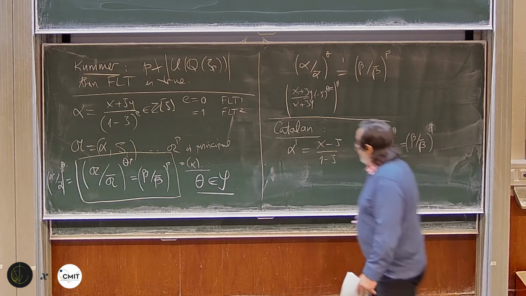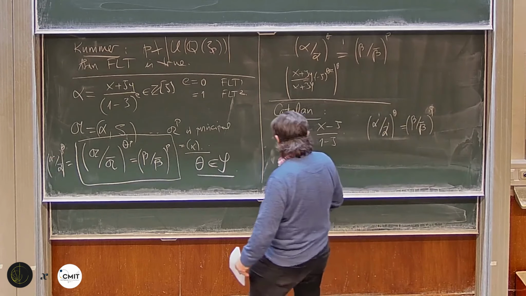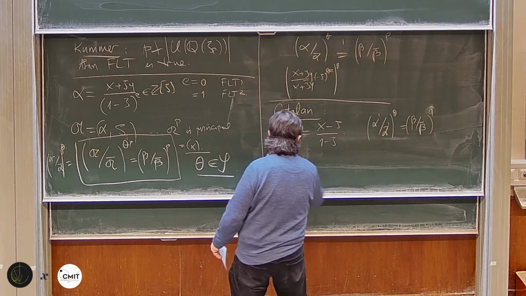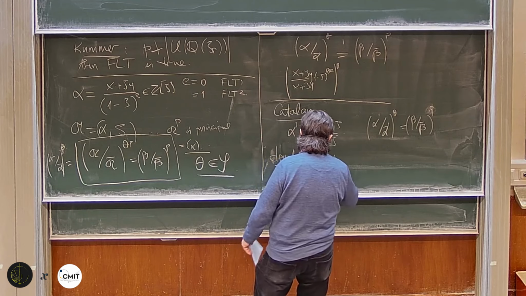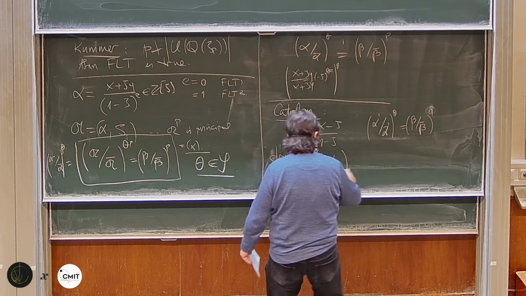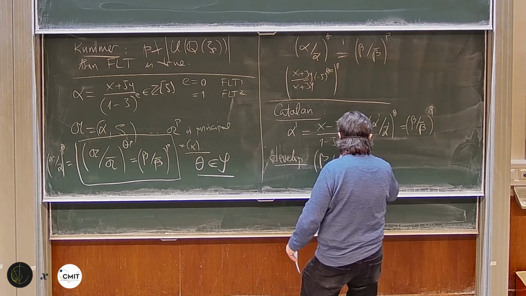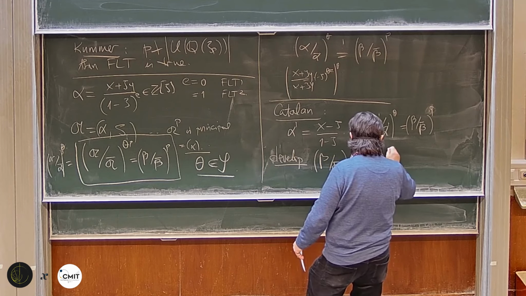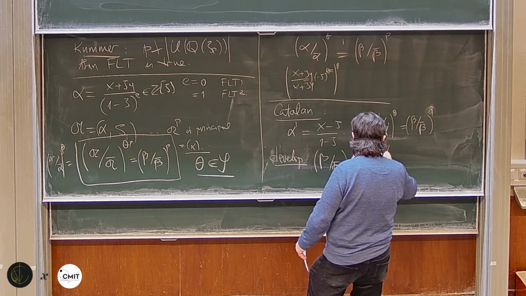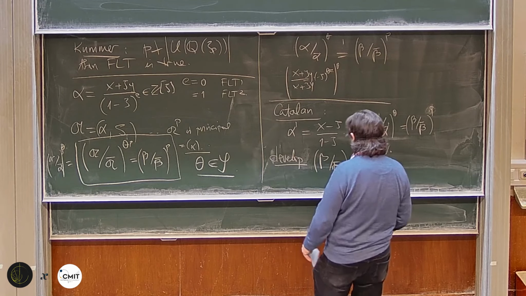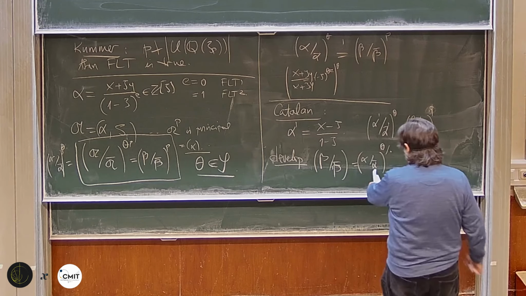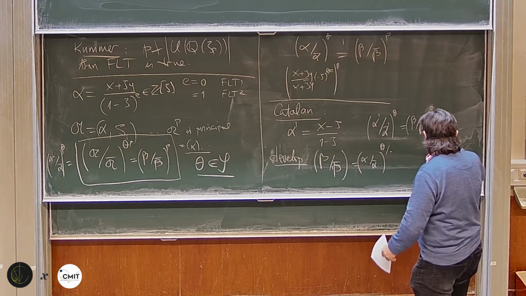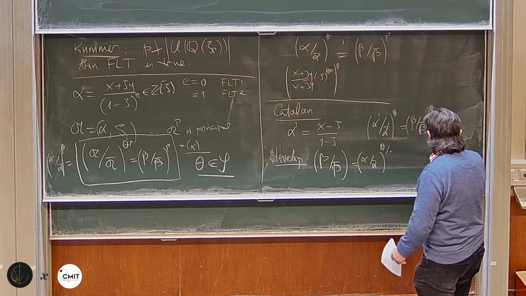And so in both cases, you have beta over beta bar is alpha over alpha bar to the theta over something, where something is p or q.